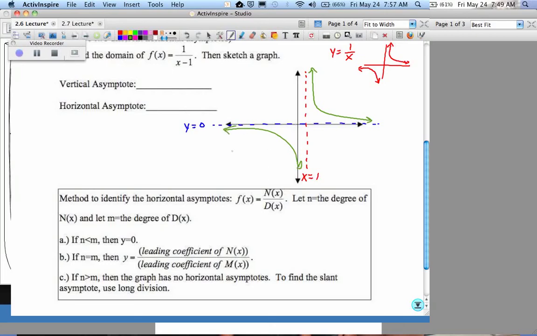So the two questions I ask you are, where is your vertical asymptote? Well, that's at x equals 1, and your horizontal is at y equals 0. What happens when I plug in x is 0? To be a little more accurate, I get 0, negative 1.